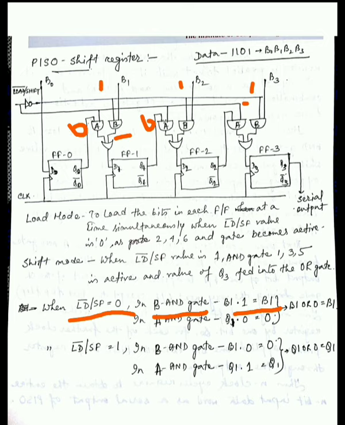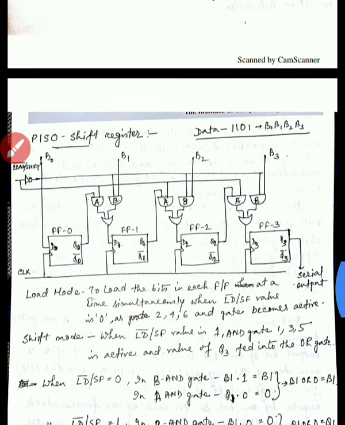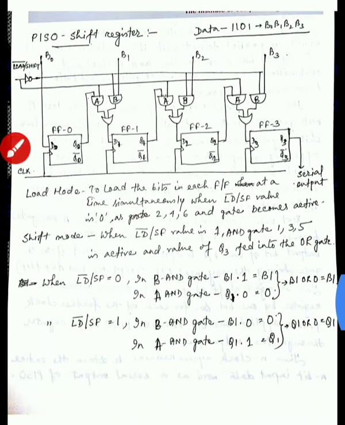So 0 and Q0 is 0. This is only explaining what I have told you, how B gets active and how A gets active. So this is the main idea of parallel input serial output.